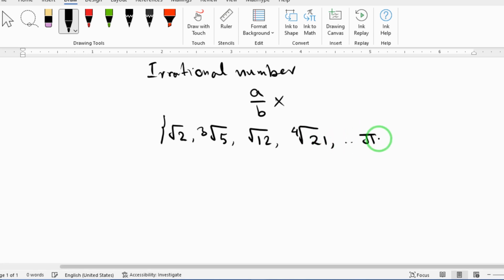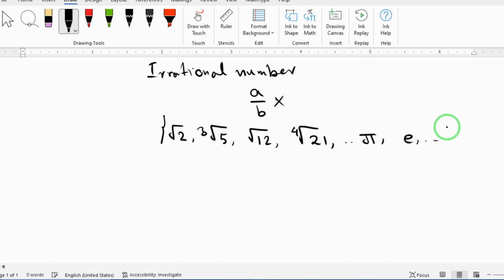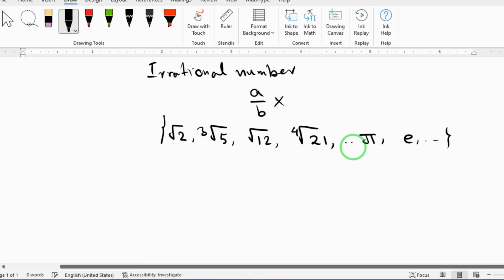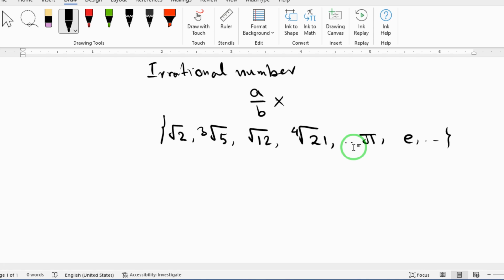Include pi and e. These numbers are irrational numbers, because when we write them as a fraction a over b, the result is not terminating and not repeating or recurring. It continues up to infinity.